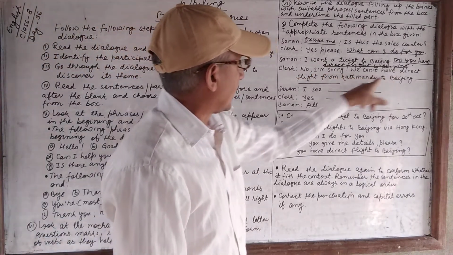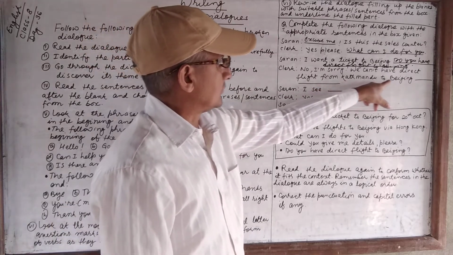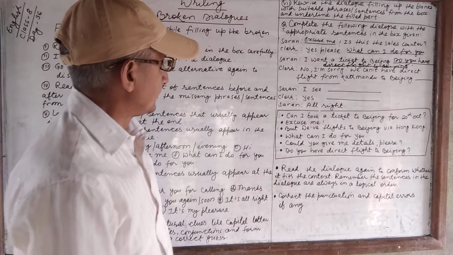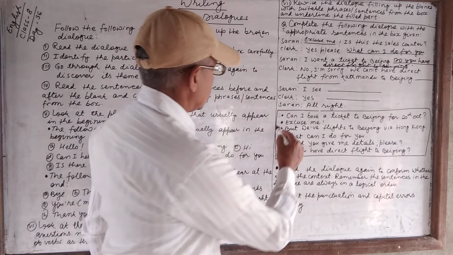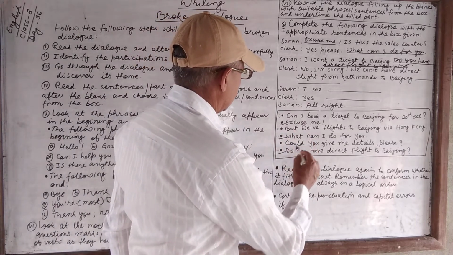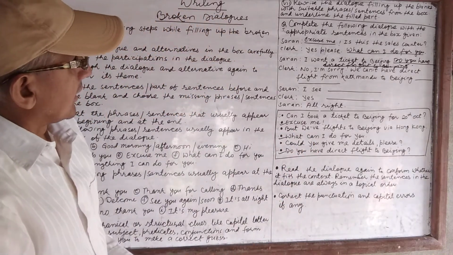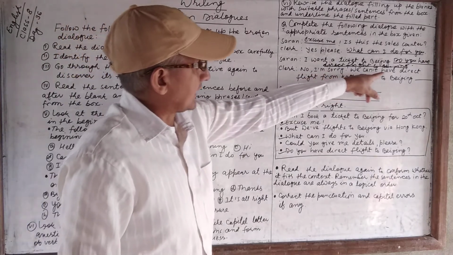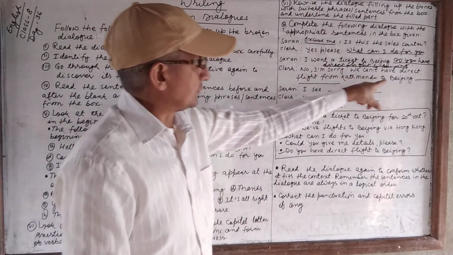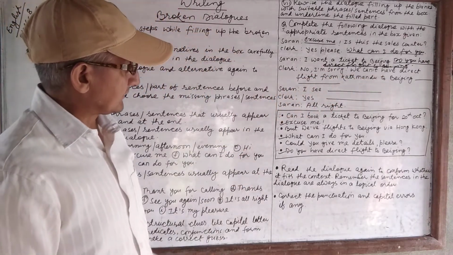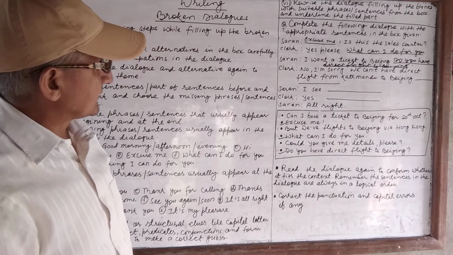No, I am sorry. We can't have direct flight from Kathmandu to Beijing. Okay. This one we have already written, and these three. Now, no, I am sorry, we can't have direct flight from Kathmandu to Beijing. Okay. And which sentence is suitable for this blank?